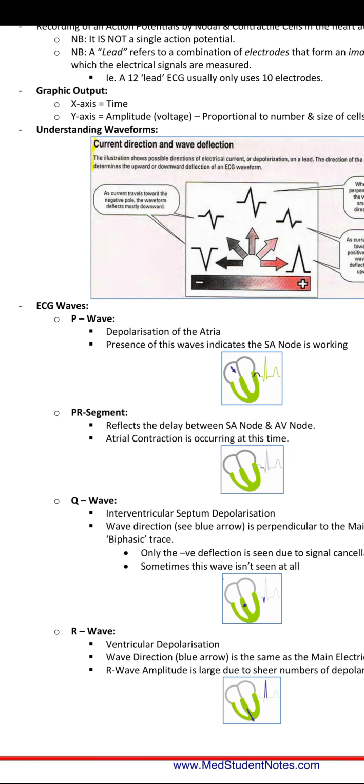So next is the PR segment. We said the first wave is the P wave, which is formed from the depolarization of the atria, and its presence indicates the SA node.